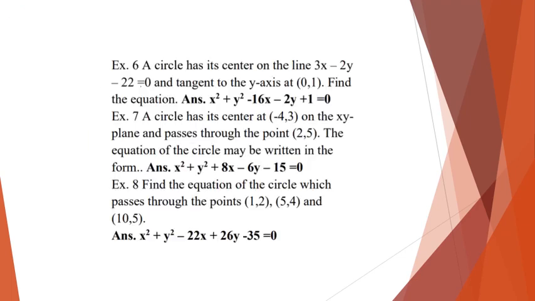Okay, so if we have this example 6, we will have this coordinate here. If this point here is the point (0, 1) given in the problem, take note that the circle is tangent to the axis at that point.